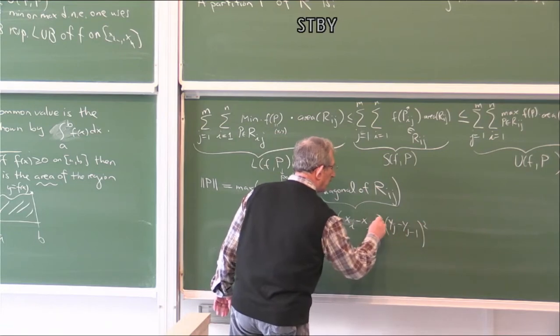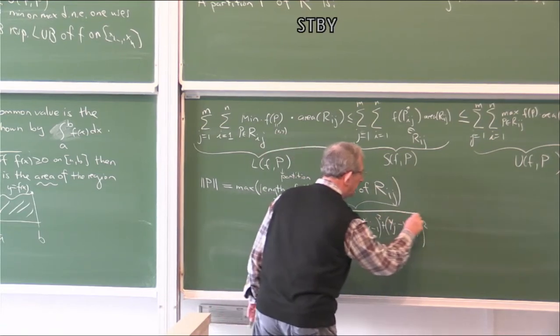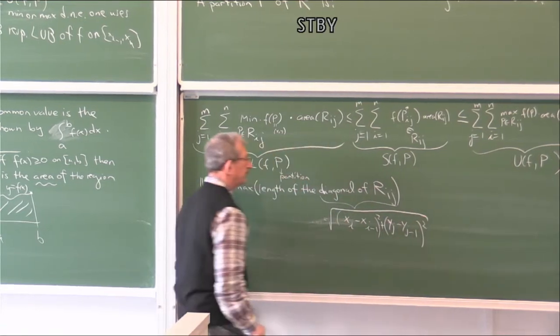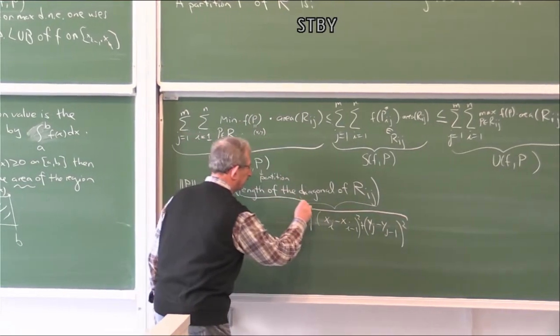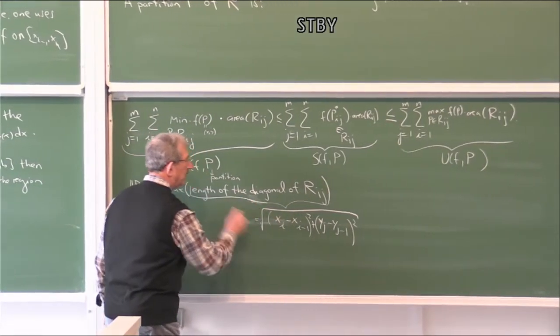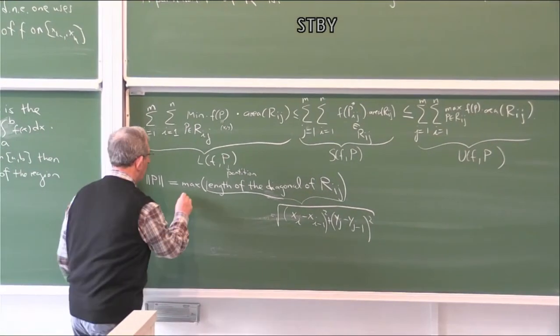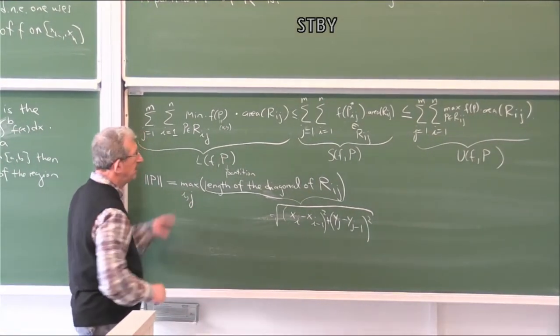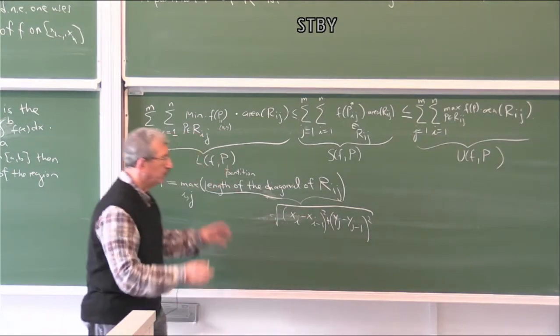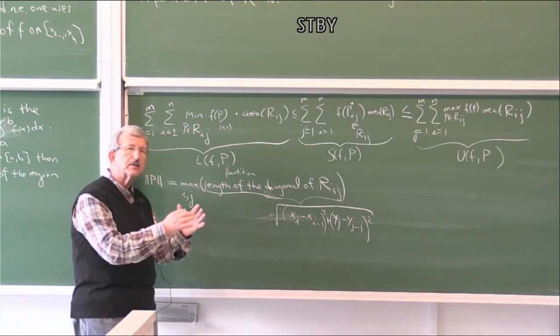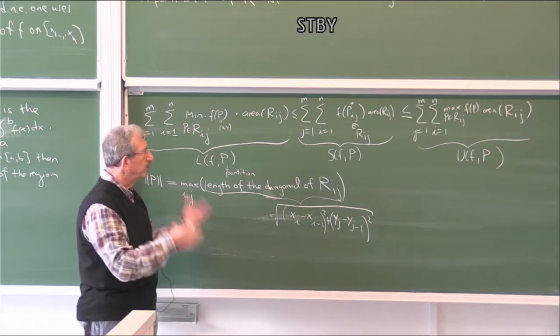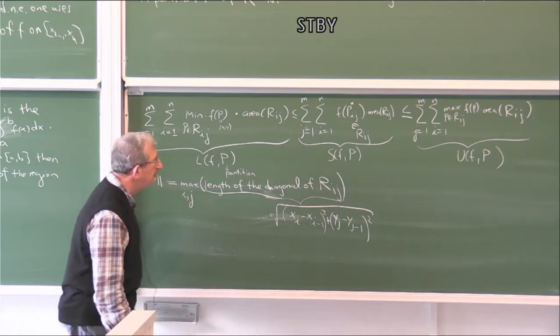Actually, it's the length of the diagonal, so it will be this one. So over all i's and j's, these diagonals will be smaller and smaller. Eventually, we will pass to the limit.